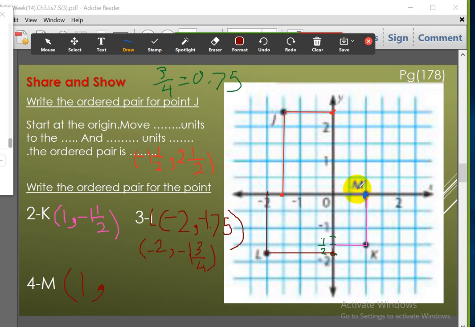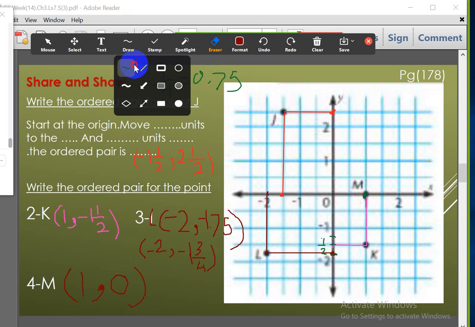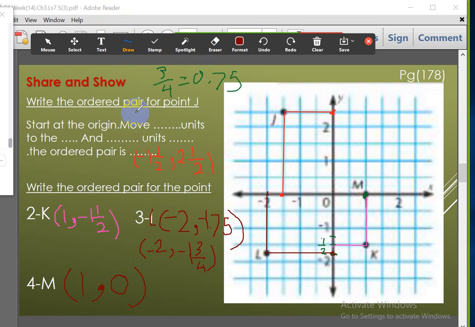Very good, girls. If you take a line from M to the y-axis, it will cross the y at 0. That means the y coordinate is 0, because M is located on the x-axis.